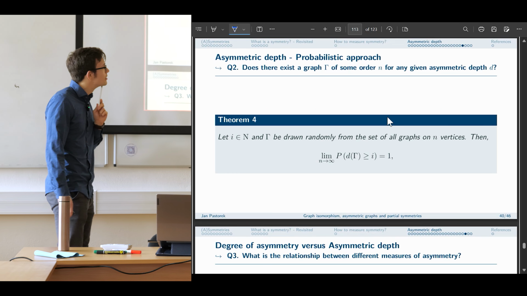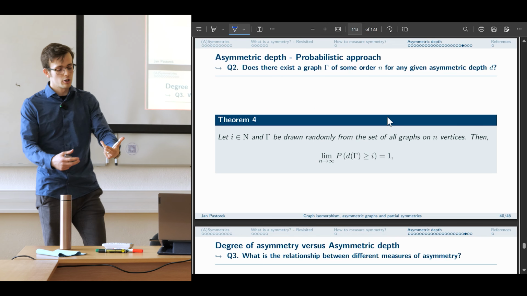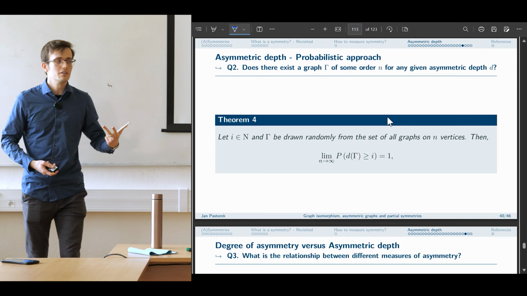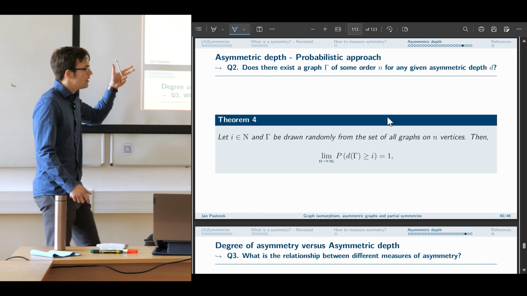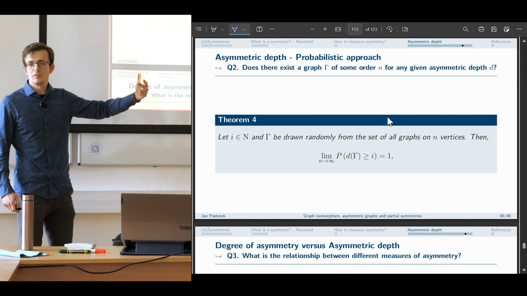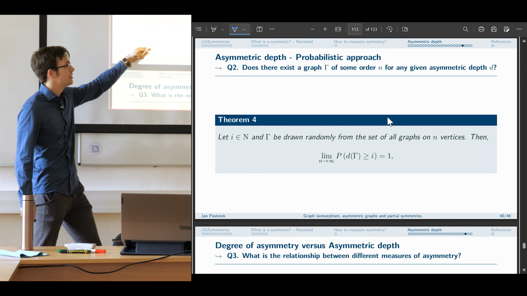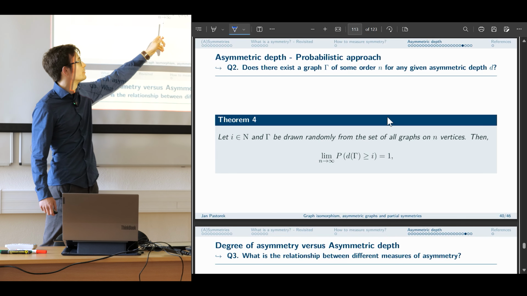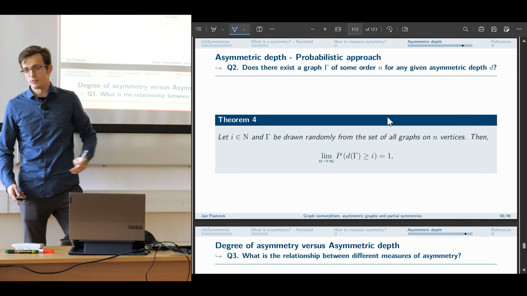So we have several indications that this is actually usually the case, that if you choose randomly the graph, it will be asymmetric and it will have large asymmetric depth if you let n grow to infinity.